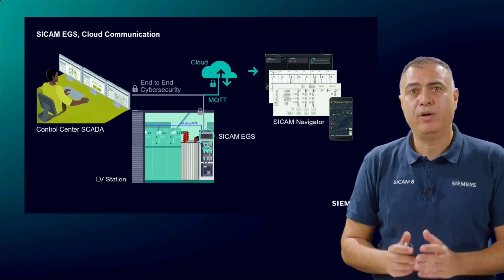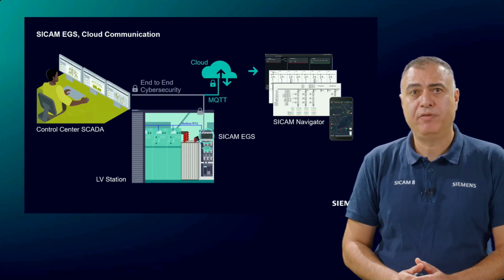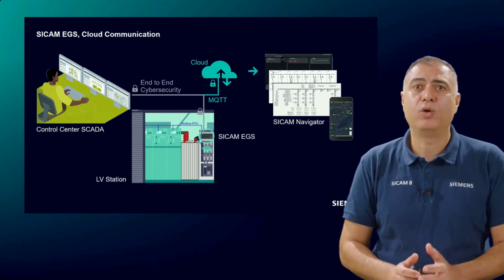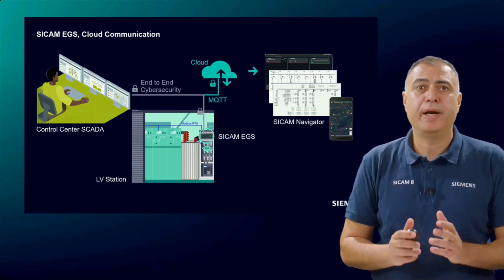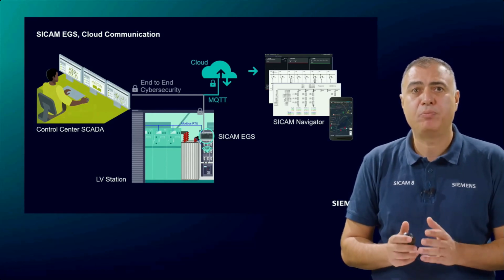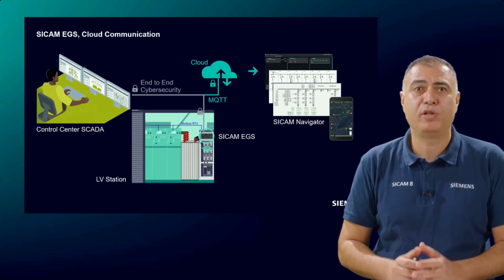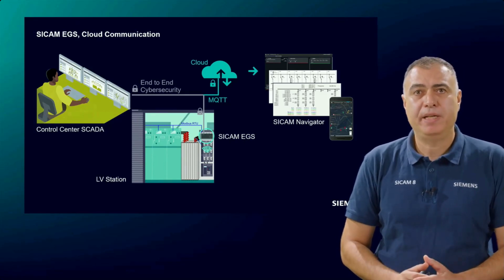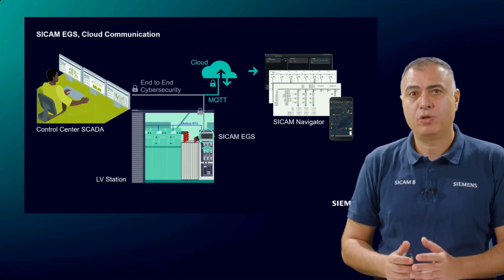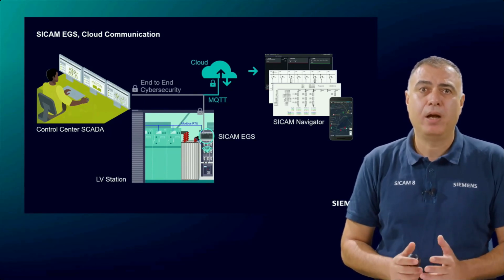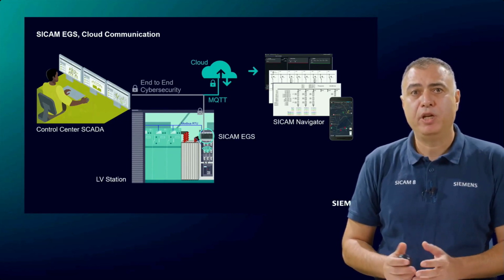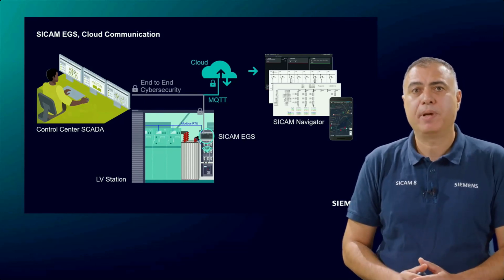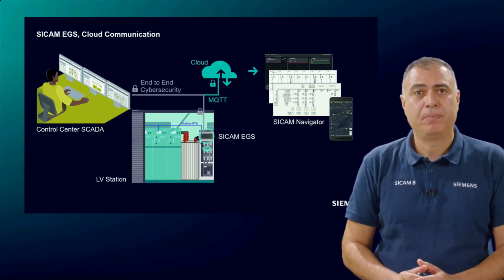It not only offers very flexible user-definable graphics, but also features a lot of functions to recognize and analyze possible problems in the low voltage distribution grid. However, SICAM EGS not only works with this proprietary cloud solution via the MQTT communication protocol, other cloud systems can also be connected.